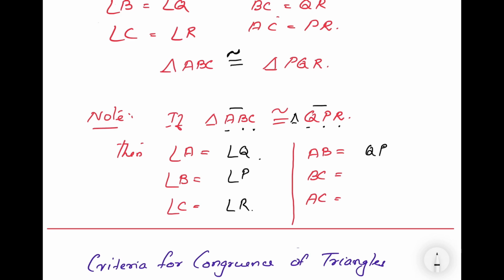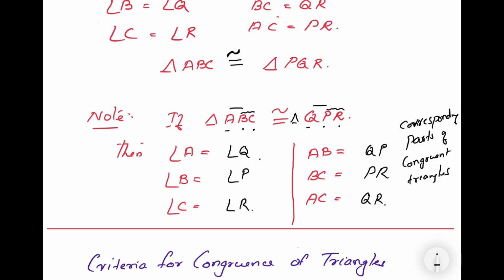Similarly, BC will be equal to PR, and AC will be equal to QR. We say this as corresponding parts of congruent triangles. In short, we write it as CPCT.